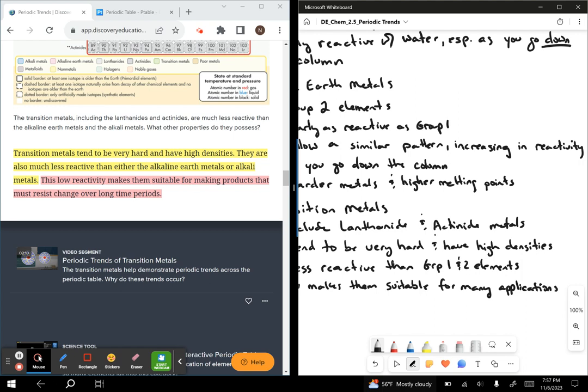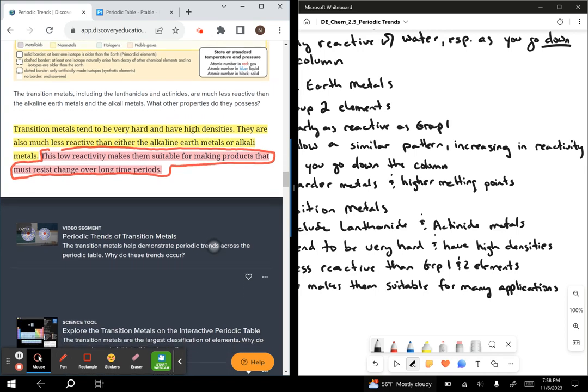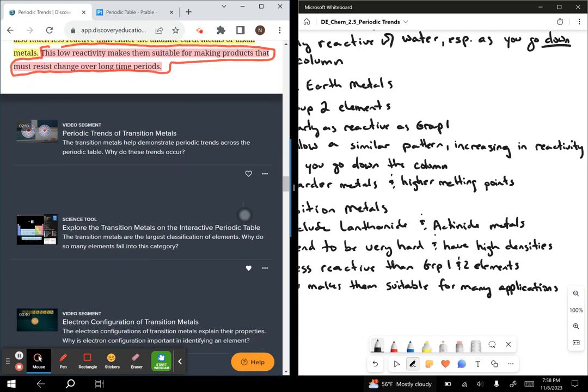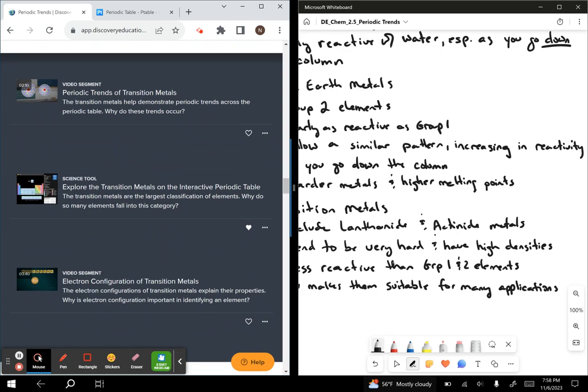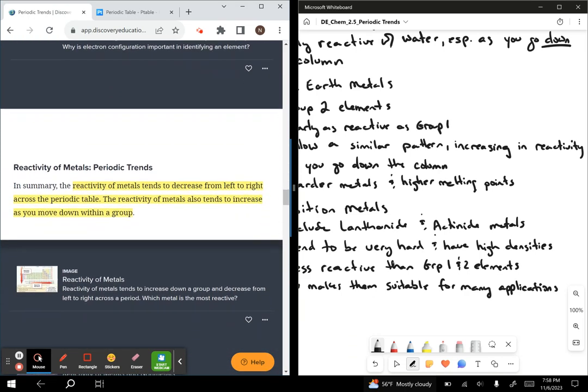And we're drawing your attention to this statement here: this low reactivity makes them suitable for making products that must resist change over long time periods. Now we have some videos, science tool, where they talk about the transition metals. Your Discovery Education is really doing a good job of supporting you with a lot of videos to help explain these ideas.